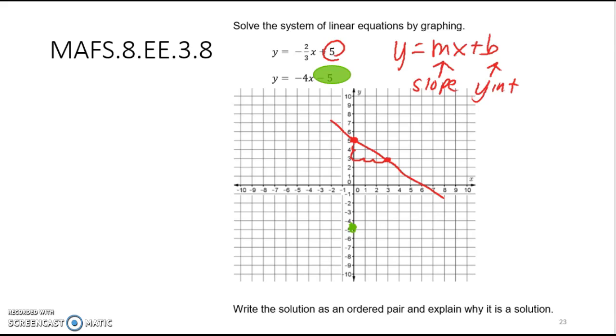So I can go down 1, 2, 3, 4, and I'm going to go over 1. I could also go up 1, 2, 3, 4, and back 1. So I now have my line. It looks like I'm going to have to not do the drawing tool for this one.